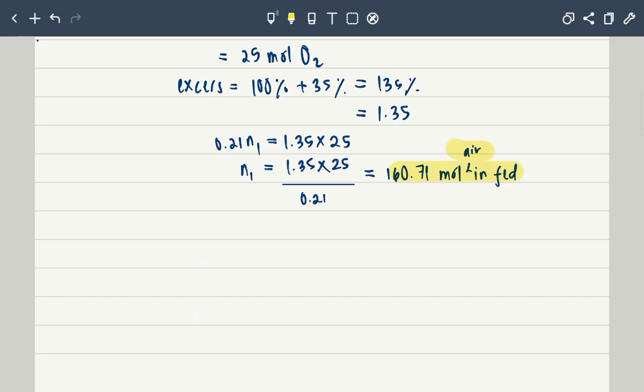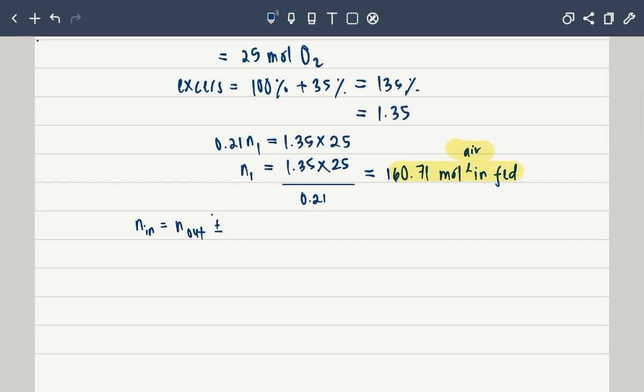So next, use the extent of reaction equation. So apa yang extent of reaction equation dia apa? So N in equals to N out, sebab tu lah I said why I use N out and N in. Okay, so plus minus.